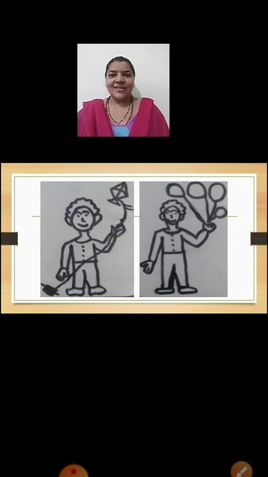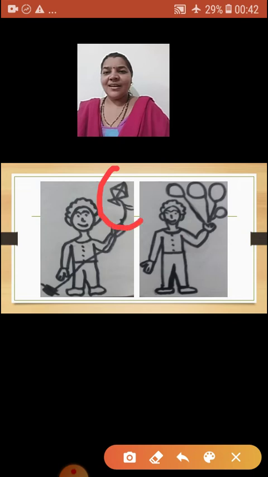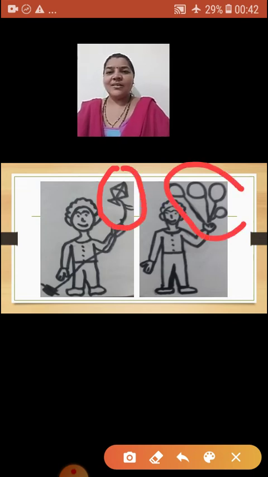Yes, very good. And in the second picture which is to your right hand side, that boy is holding balloons. So this is the main difference which we can see here, and they both are standing in different position. So we are going to circle a kite and balloons.